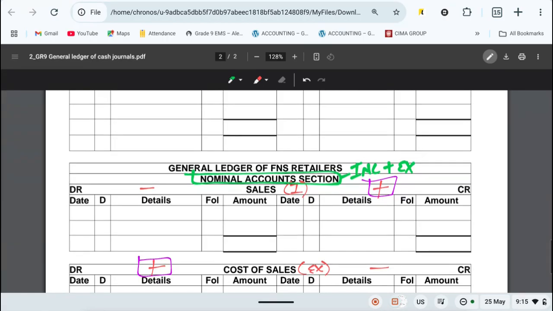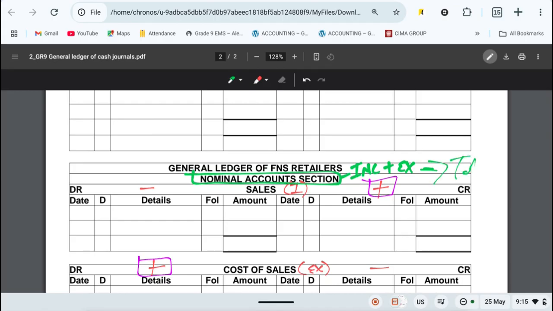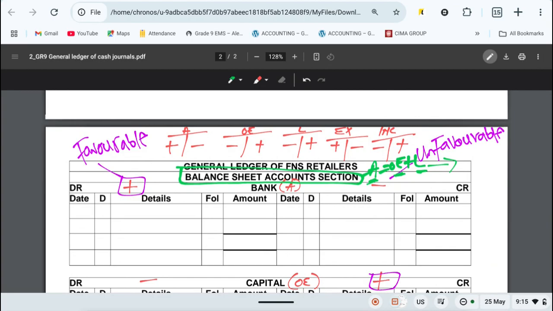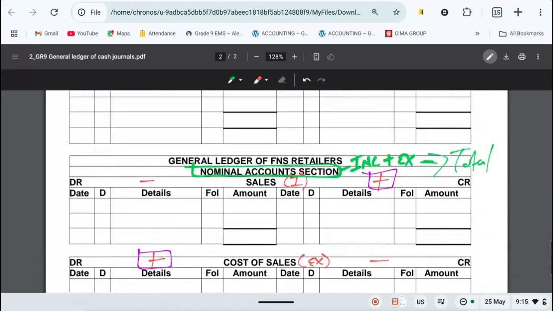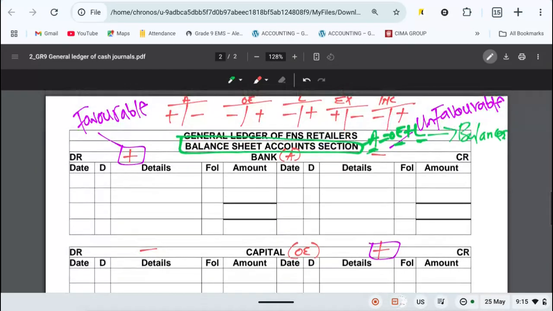So we always look for totals here. Here we are looking for balances of each account. Everything has to balance here, hence we use the accounting equation, but that's a topic for another day.